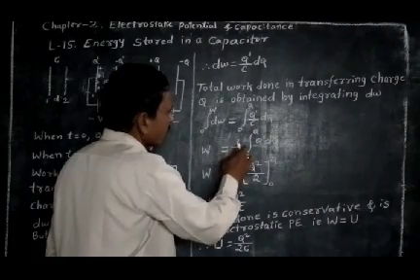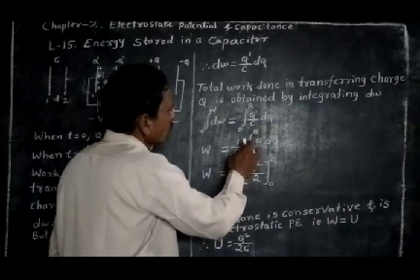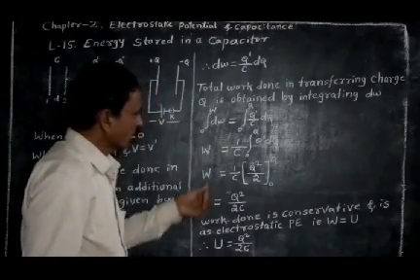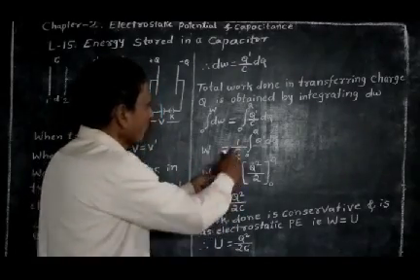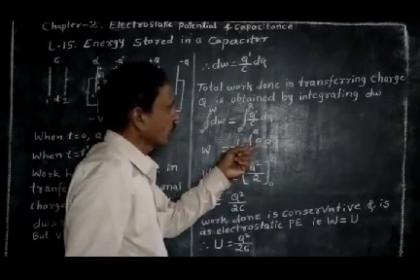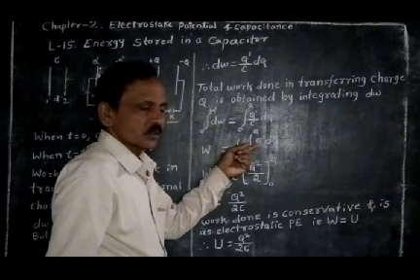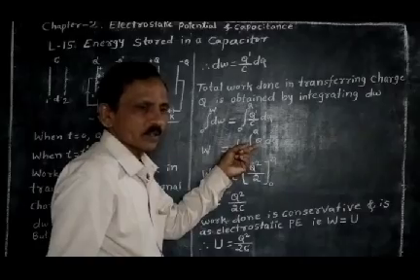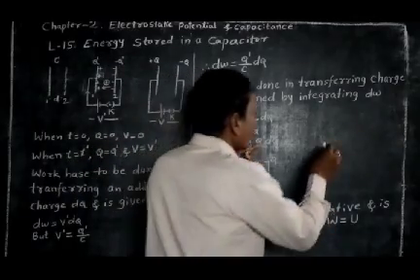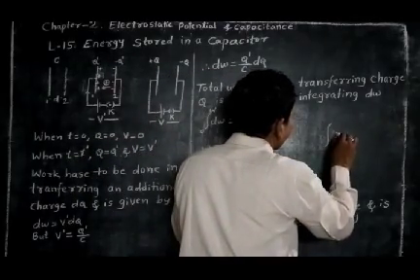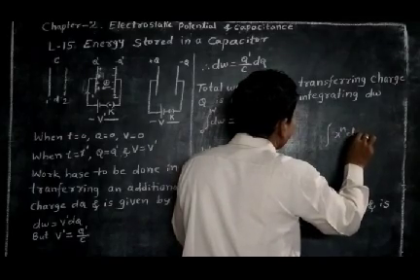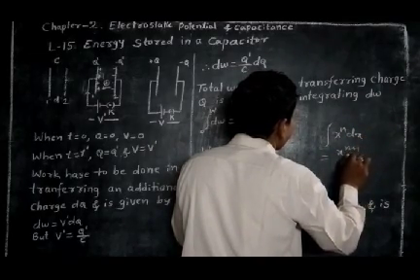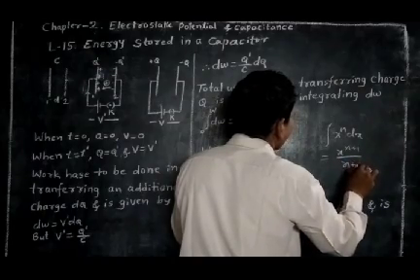Hence W equal to 1 by C into integral from 0 to q of q dash into dq, which is equal to q square divided by 2C, because we know that integral of x raised to n into dx is equal to x raised to n plus 1 divided by n plus 1.